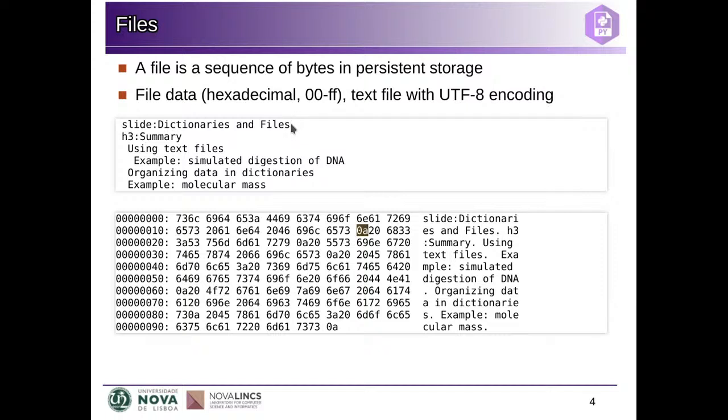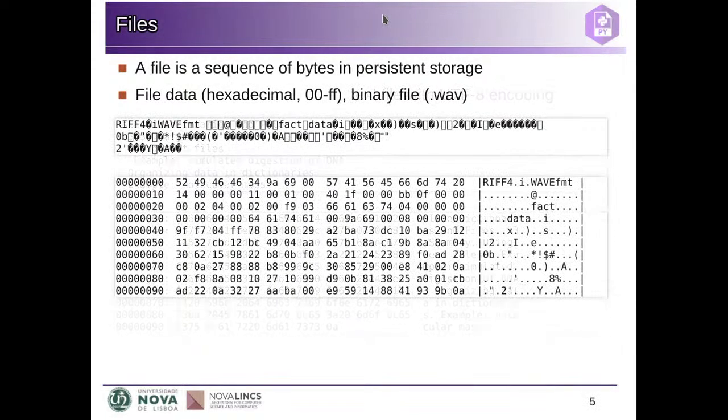So when it finds that special character there, it will continue in the next line. But there is no actual bidimensional representation of the text inside the file. The file is just a sequential series of bytes, and then the text editor interprets those bytes according to these rules. This is the same for any kind of file.